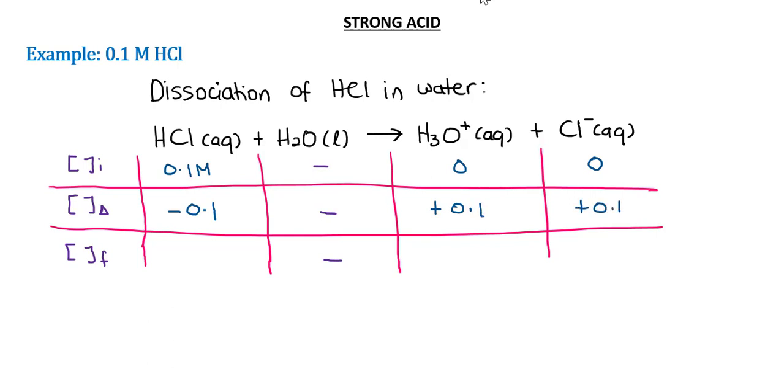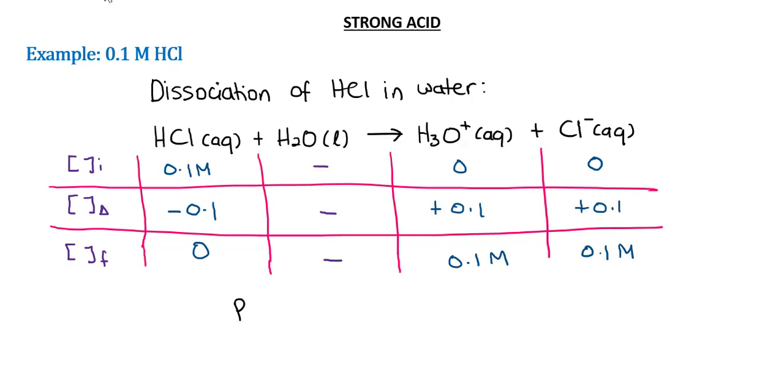Remember, the change in concentration also depends on the stoichiometric coefficient. So if you have 2 moles of the ions, you need to multiply the value. So the final concentrations for each species are 0 molar for HCl and 0.1 molar for both hydronium ion and chloride ion.